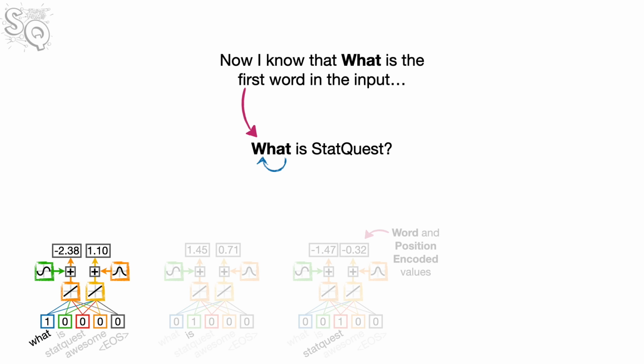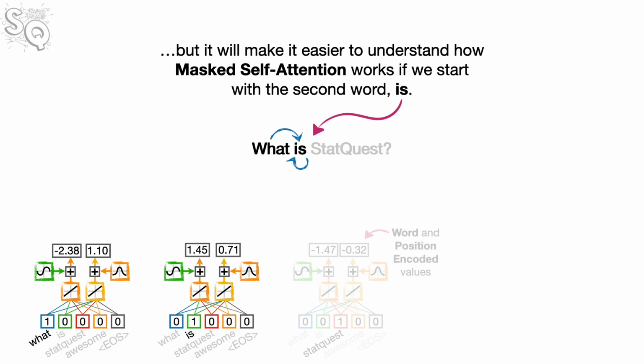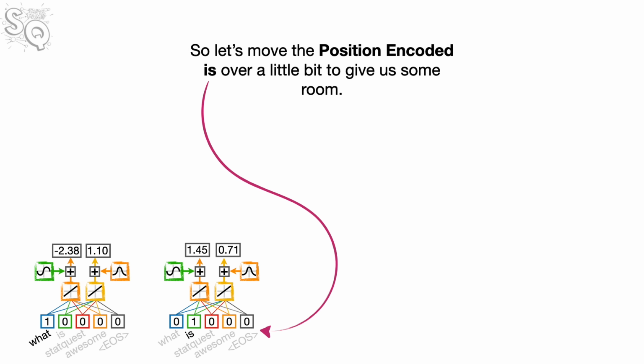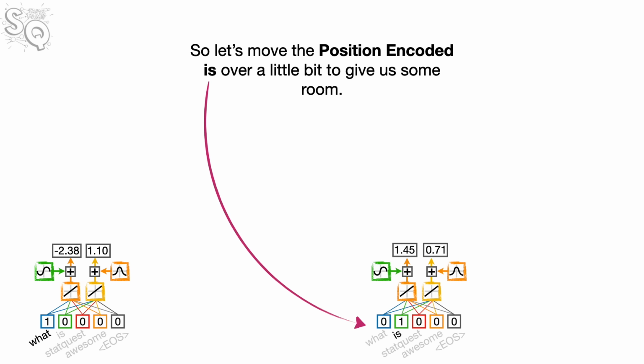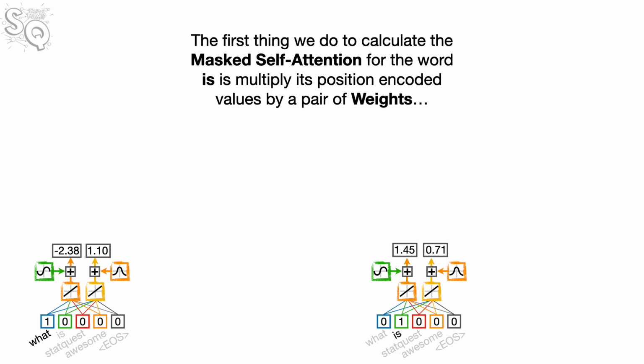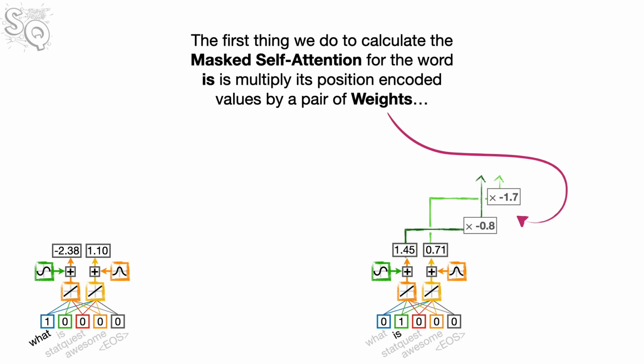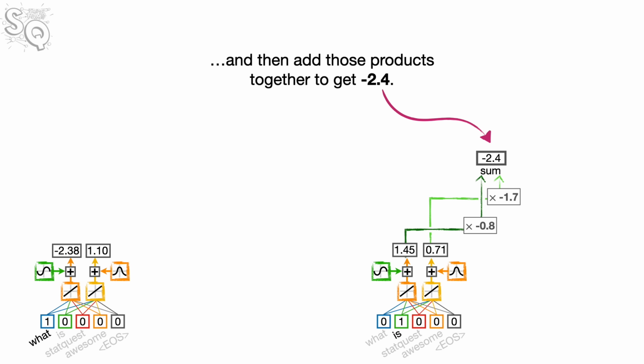Now I know that what is the first word in the input, but it will make it easier to understand how masked self-attention works if we start with the second word, is. So let's move the position encoded is over a little bit to give us some room. The first thing we do to calculate the masked self-attention for the word is multiply its position encoded values by a pair of weights, and then add those products together to get negative 2.4.